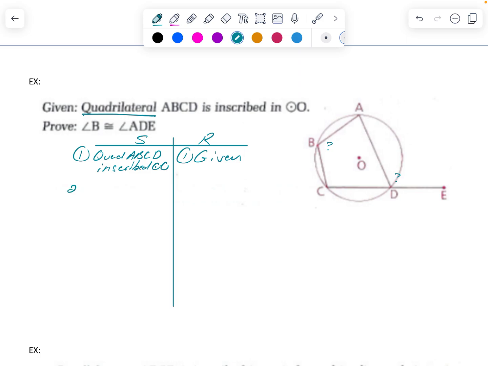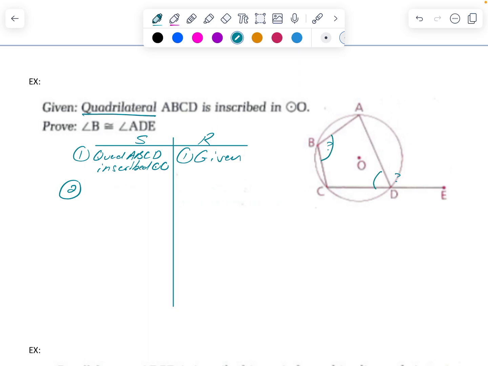All right, so now what do we know? Well, we do know that when we have a quadrilateral inscribed in a circle, the opposite angles are supplementary. So we could say something about all the opposite angles, but since we want to know about B and ADE eventually, let's just talk about these.